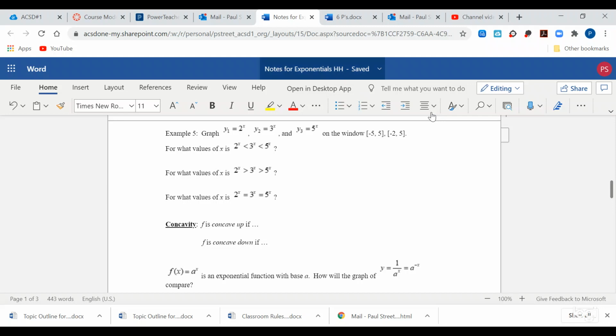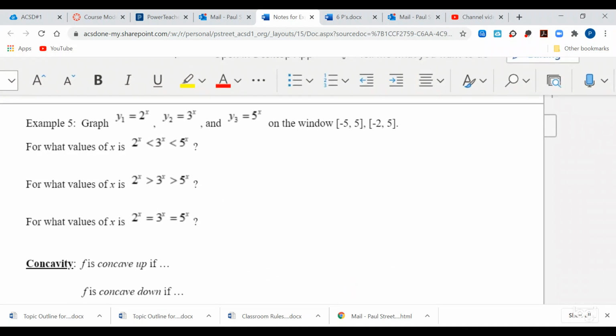Okay, now we're going to look at y1 equals 2 to the x, y2 equals 3 to the x, and y3 equals 5 to the x. I'm going to make that bigger for our visually challenged. So when I say, like I have on this document, on the window -5, 5 and -2, 5, I'm telling you on your calculator to choose the x min and x max to be negative 5, 5, and the y min, y max to be negative 2 to 5.